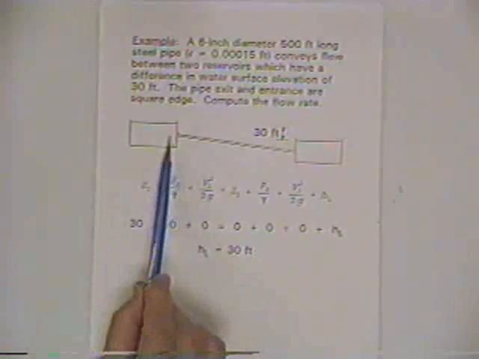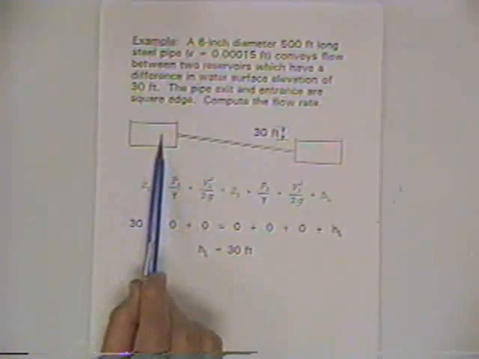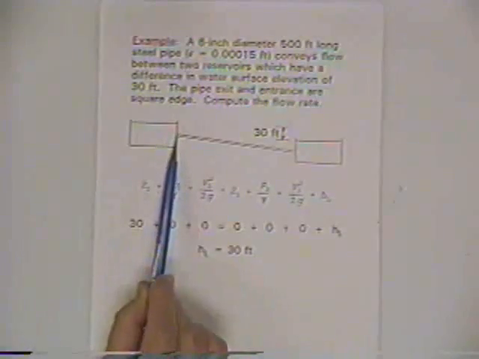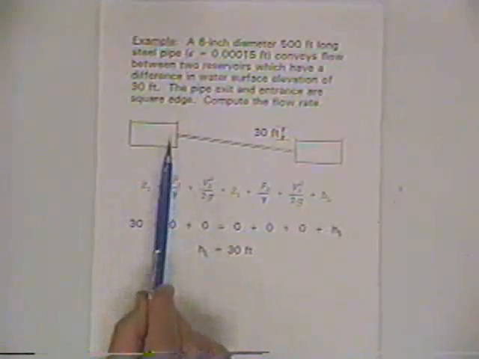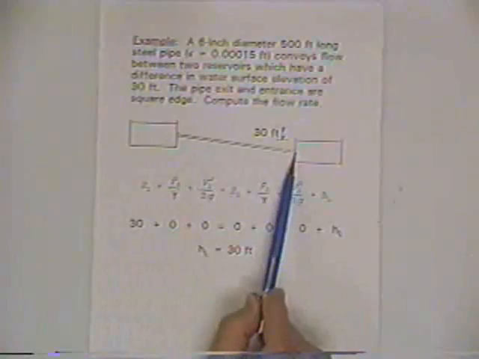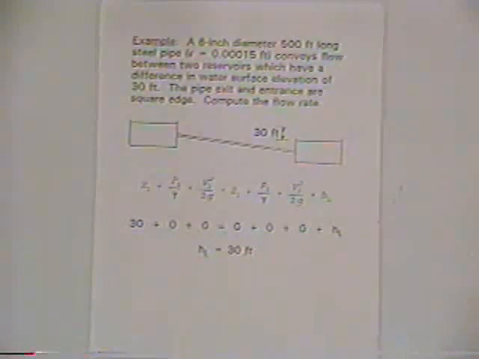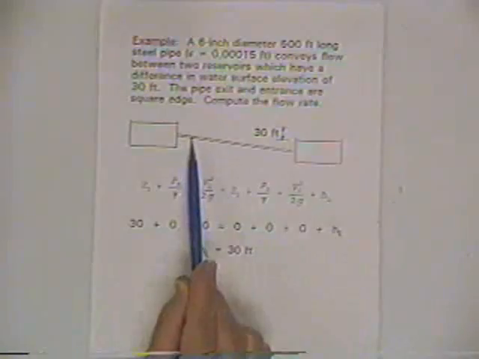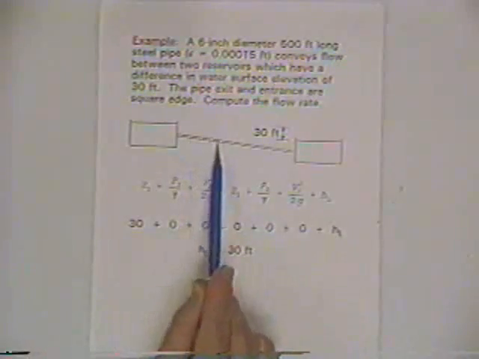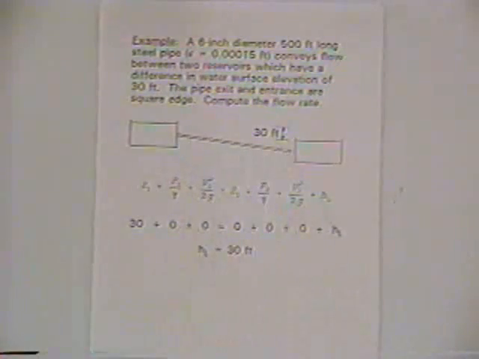But we also have an entrance, because the water goes from the storage tank into the pipe, so there's an additional head loss there. Plus, the water goes from the pipe into this container, and there's an additional head loss there. So that'll give us a chance to include in this head loss term the minor losses as well as the frictional losses, for which Darcy-Weisbach tells us how much head loss occurs along the pipe.